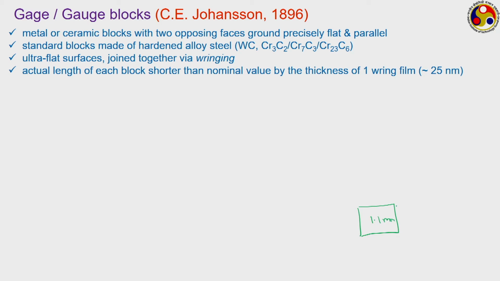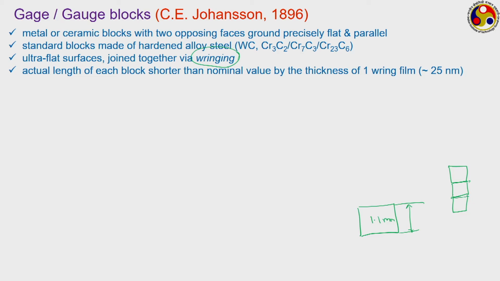The actual dimension of the block will be slightly shorter than 1.1 millimeter, because if we want to join this block with another one or a few more to measure a slightly higher length, then the blocks will be placed one on top of each other, fitting exactly with each other via the process of ringing.